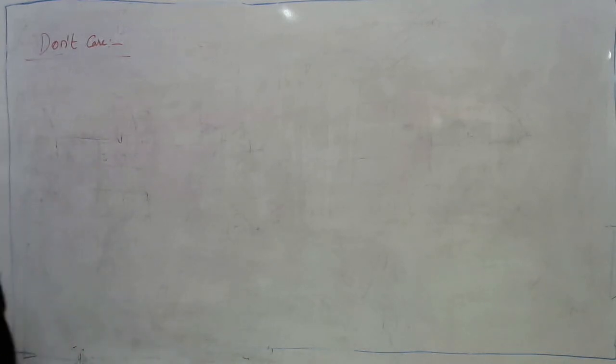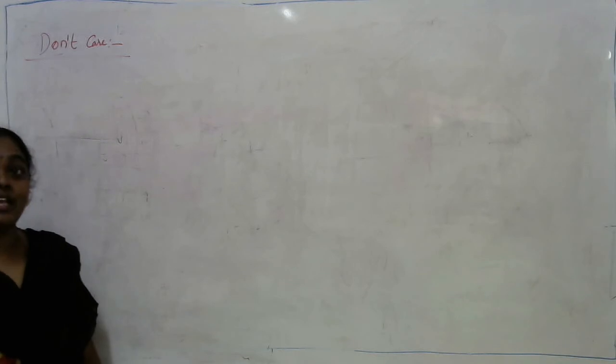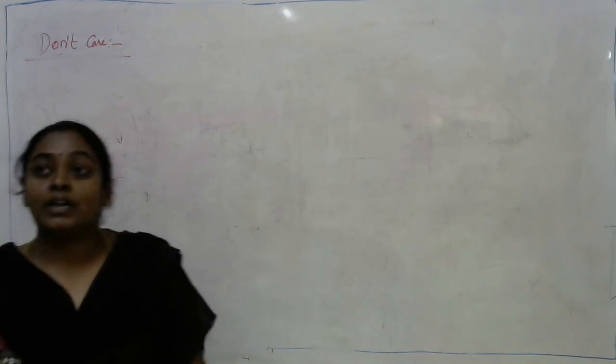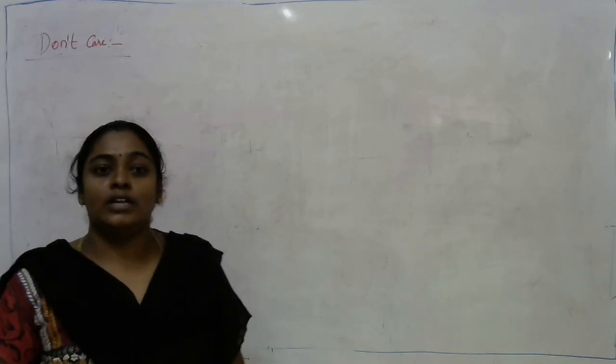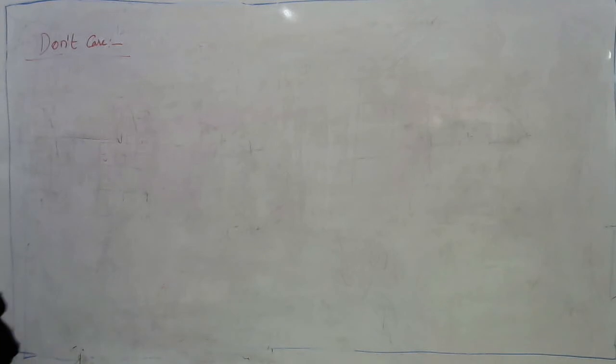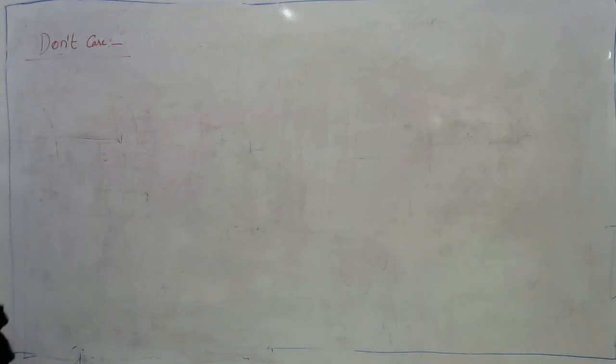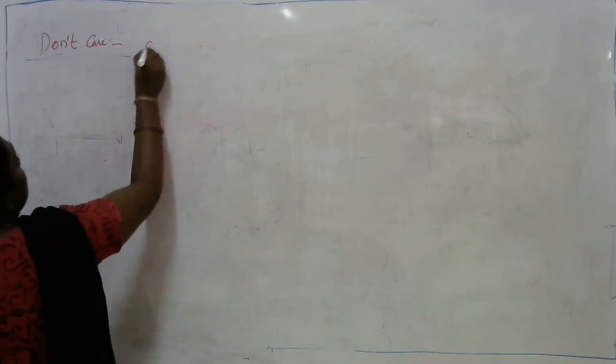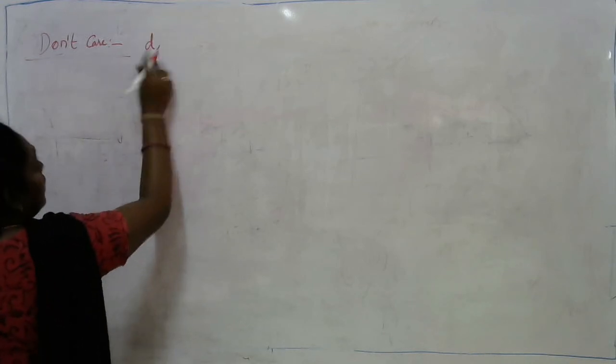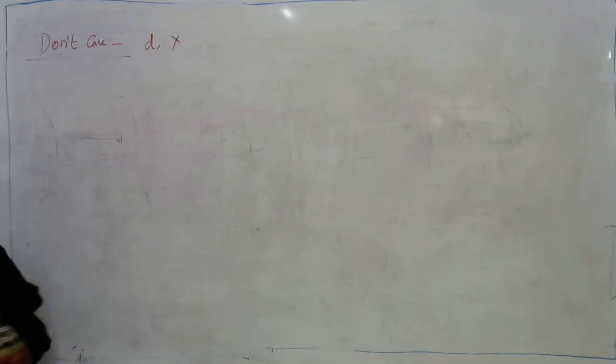Whatever combinations cannot be predicted for a particular output are called don't cares. So don't cares are the terms which we can assume either as min terms or max terms depending upon the situation, whichever helps us minimize. Generally the don't cares are represented with a small d or a cross mark.